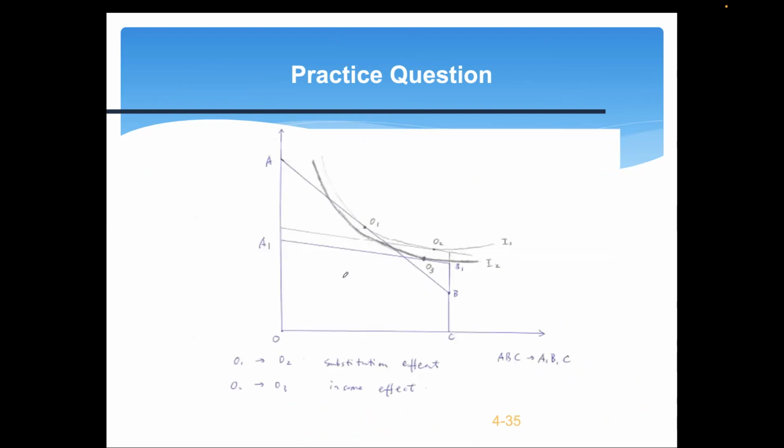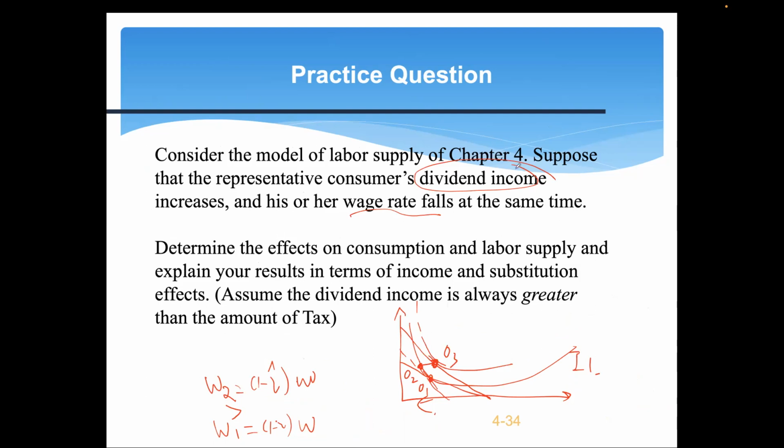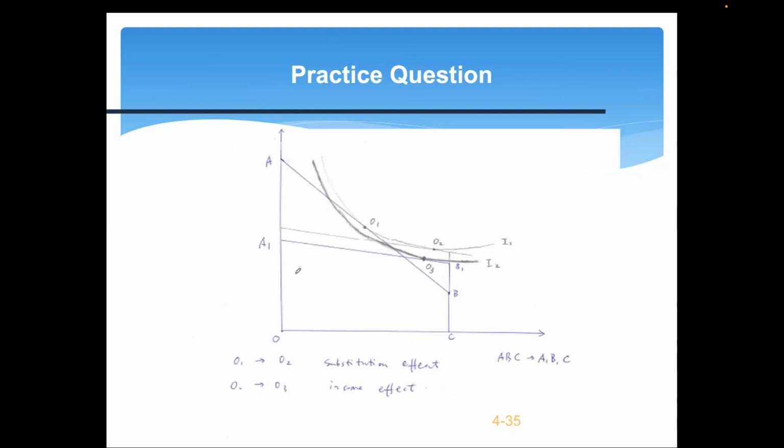Now this graph just tells you what would happen. Okay. So we start with, let me see. Dividend income increases and the wage falls. And then here we are going to start with, let me see.